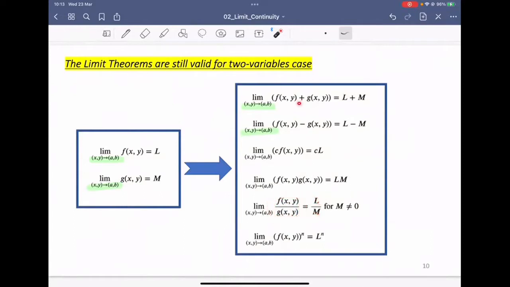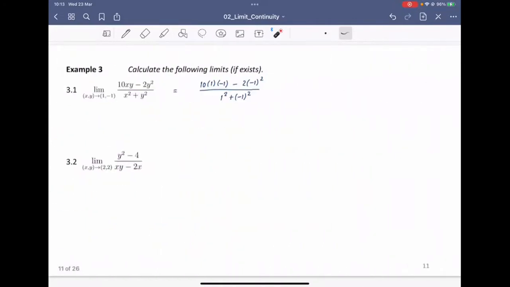Or if you have a difference, or you have a constant, it's fine to do the same thing as you did in Cal 1. So I have the quotient here, I can split it. I compute the numerator first, then the denominator, and then you take the limit inside and use the limit of sum, limit of difference. Everything is going to be okay to do.